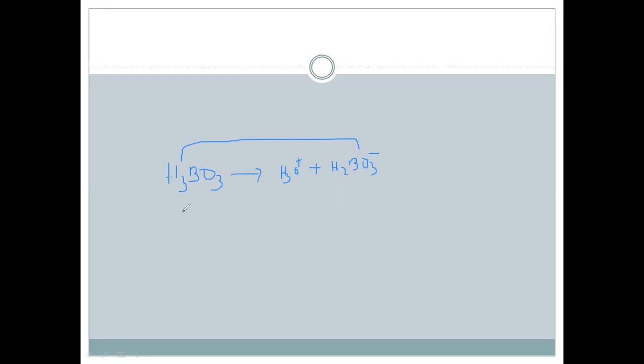Means these two are a conjugate acid-base pair also. And remember here, a higher concentration of polymeric metaborate species will be formed when the concentration is higher. And pKa will be around 6.84 also.